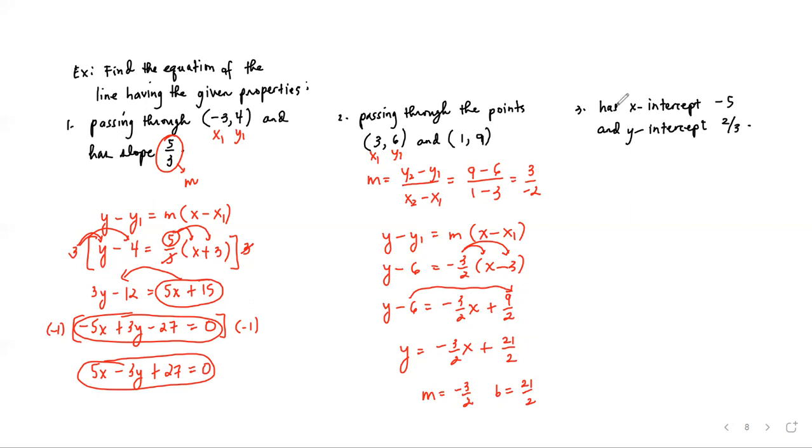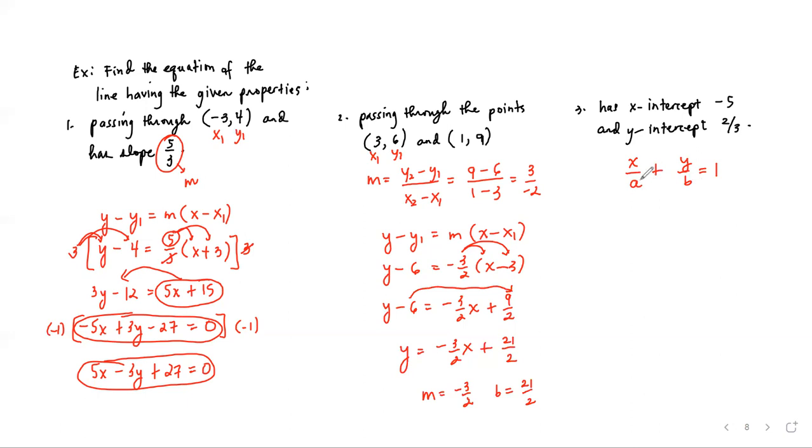Now for the third example, let us find the equation of the line having the x-intercept -5 and the y-intercept 2/3. Now since both the intercepts are given, we can use the equation x/a plus y/b is equal to 1.